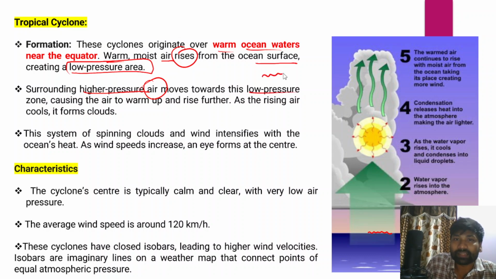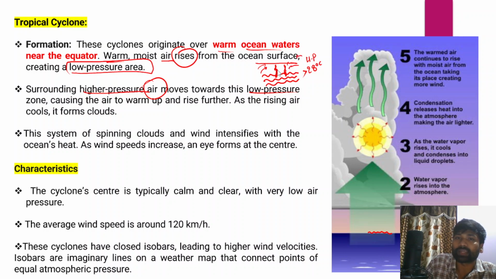Now imagine that this is the ocean water, and sea surface temperatures are more than 28 degrees Celsius. Because of this, a low pressure zone generally forms, and this low pressure zone attracts a lot of winds from the high pressure area.